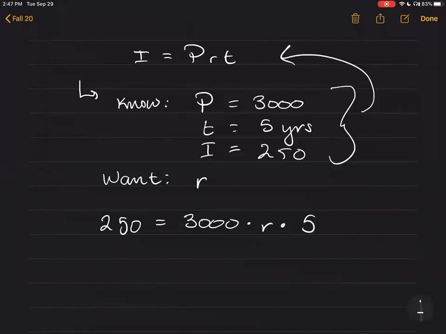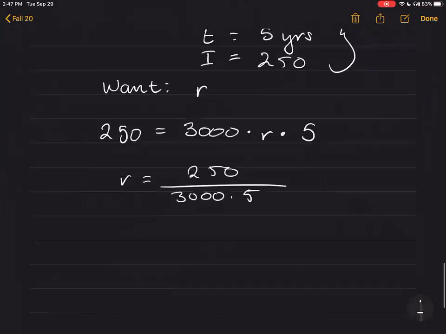So we're trying to find R. So now we just solve for R. If we divide both sides by 3,000 and by 5, we get R equals 250 divided by 3,000 times 5. And then there's fraction simplification you can do. And eventually, if you do this by hand, you get something like 5 over 300, which for this problem, I will plug into a calculator and you get about 0.0833.